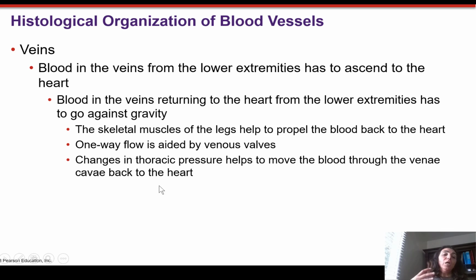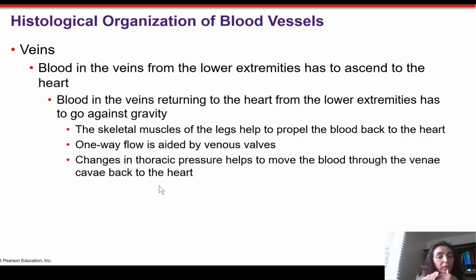So how can thoracic pressure help the blood back to the heart? In the thoracic cavity, what do we have? We have the lungs, and around the lung itself, we have visceral pleura, and then when it gets to the middle, it goes back toward the wall of the thoracic cavity and lines the inside of the thoracic cavity as the parietal pleura.